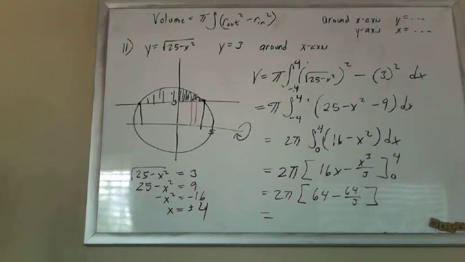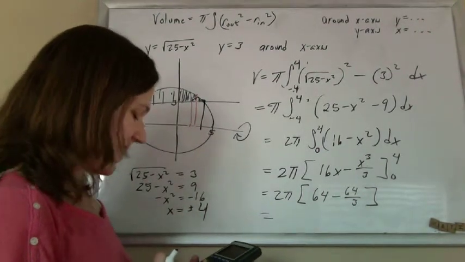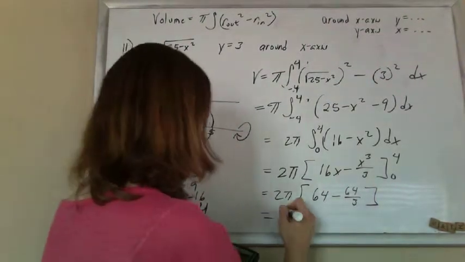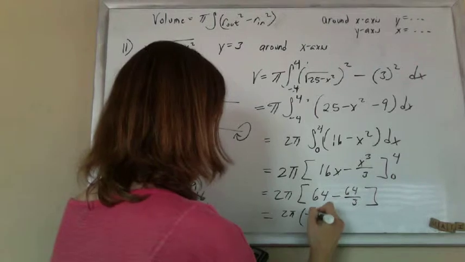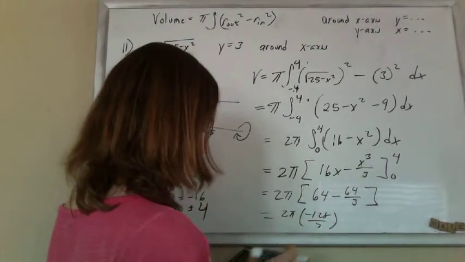What is that? I should be able to do this. Let's see, we have 2 pi times negative 128 over... oops, no, that's not right.